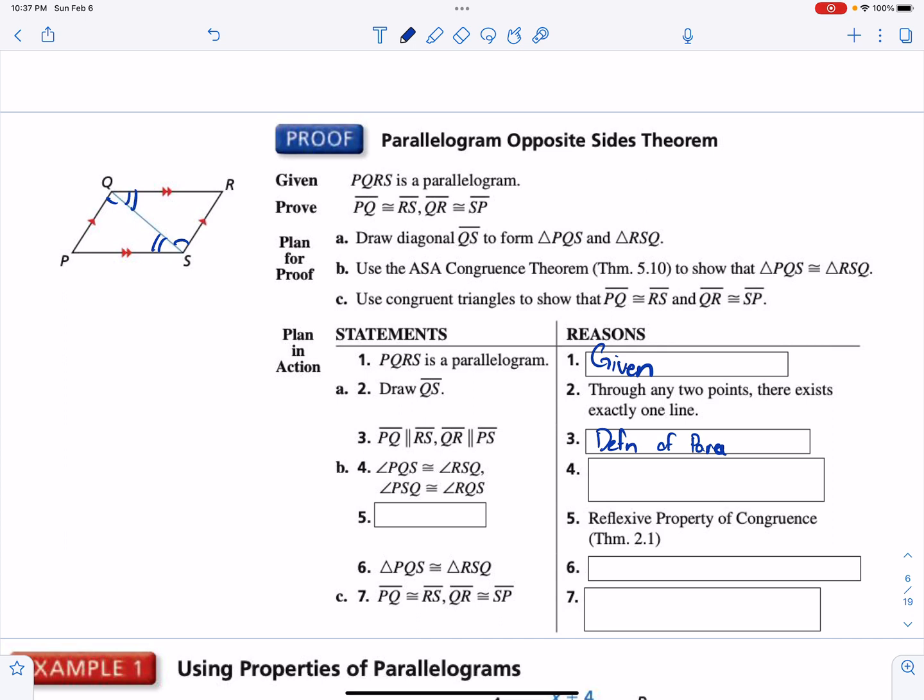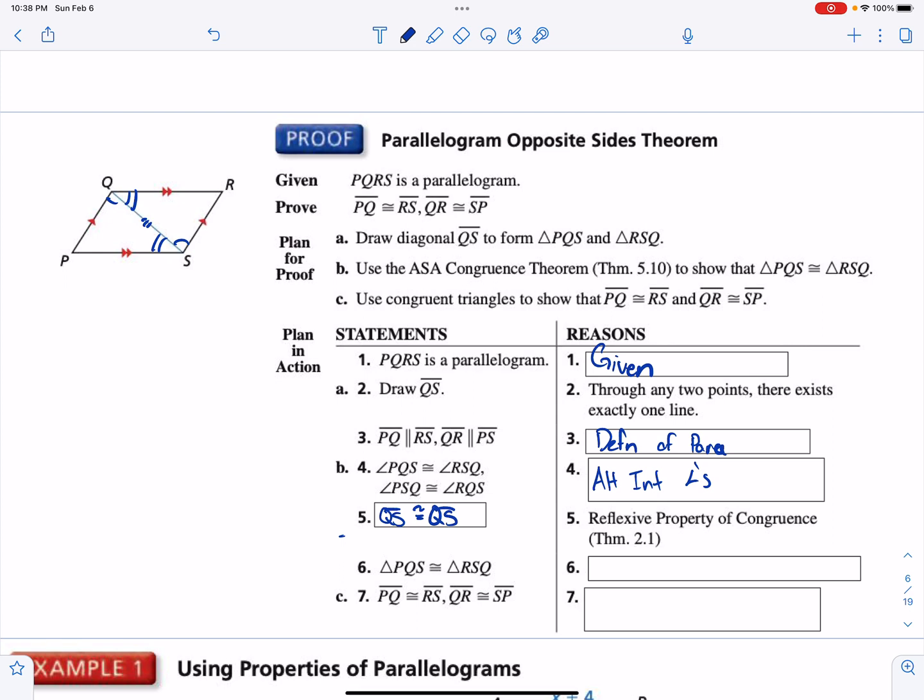Now, if we look at what we just did, we have parallel lines cut differently by a transversal, but both of those sets of angles are congruent by alternate interior angles of parallel lines. Okay, and then the reflexive property, again, says something equals itself. Well, it looks like we need to say that side QS is congruent to itself, because if I do that, now I'm going to have some congruent triangles.